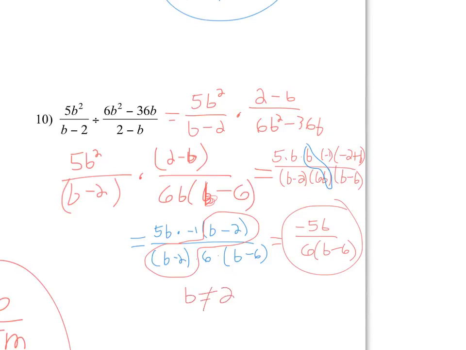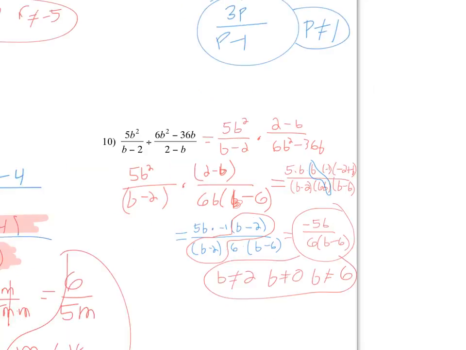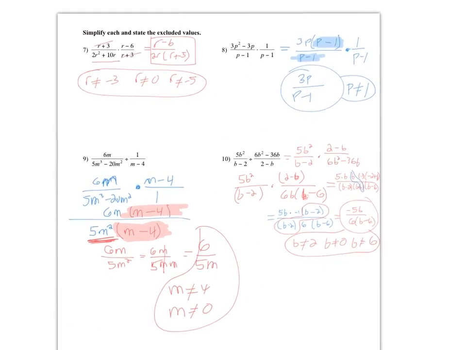B can't be 0 because of this, because when I kept it, changed it, flipped it, b can't be 0. And b can't be 6 for the same reason. B can't be 6 there. I think that covers all of it. B can't be 2, b can't be 0, b can't be 6. Okay, those are my exclusions, and we've called it good.